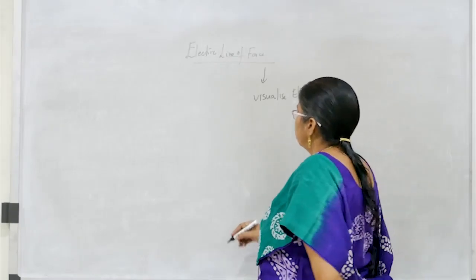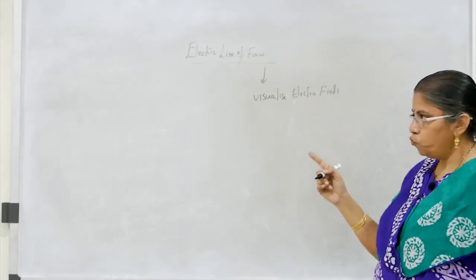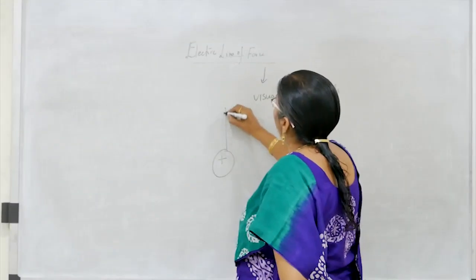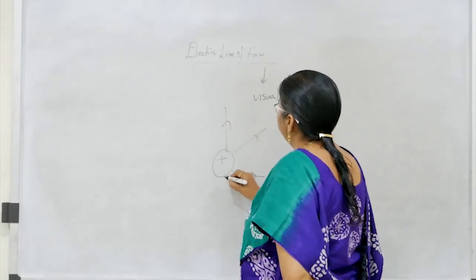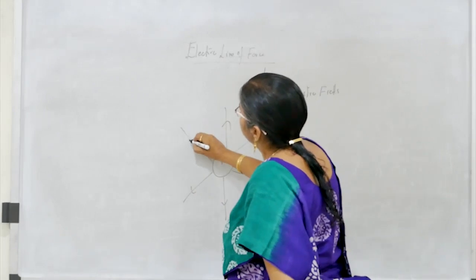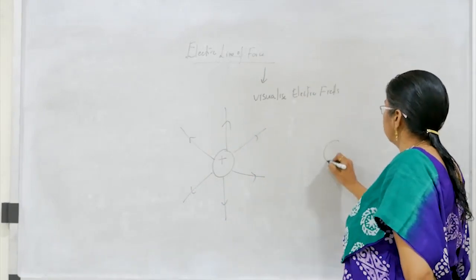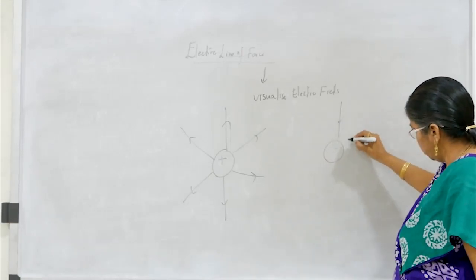So this is the definition for electric line of force. Electric lines of force for positive charge are always away from the charge. So this is how electric lines of force are being represented. And for negative charge, they are always towards the charge.